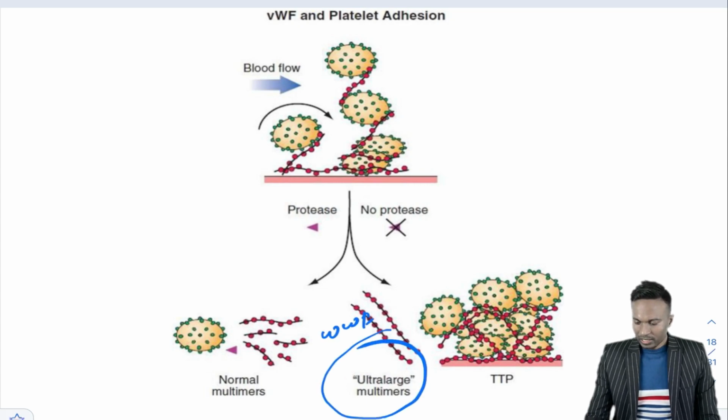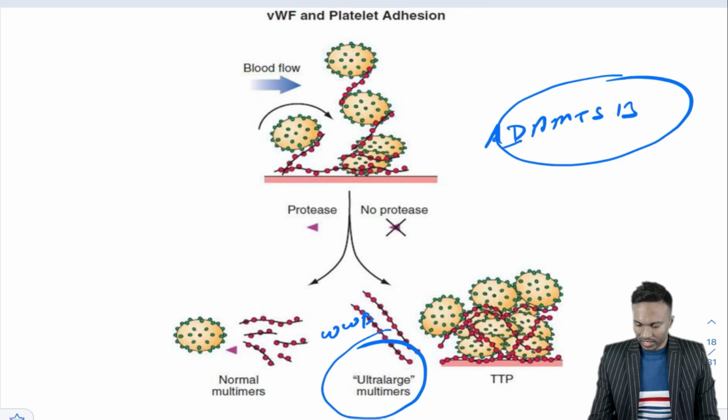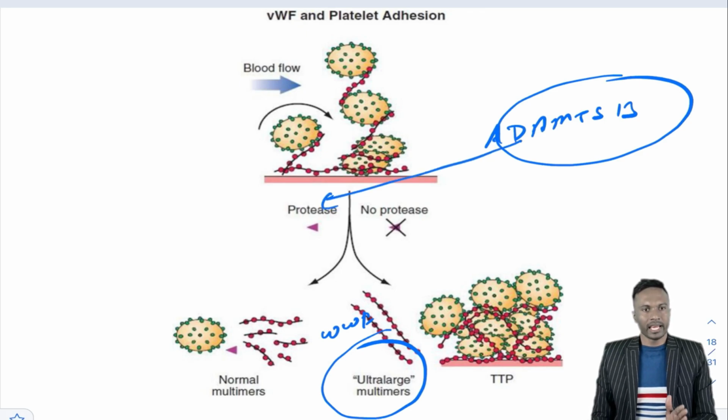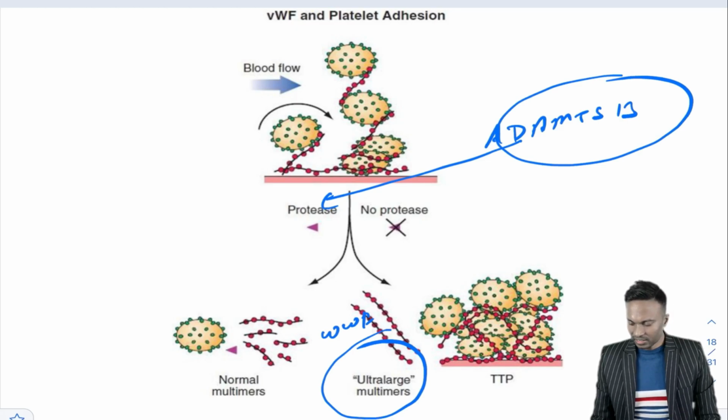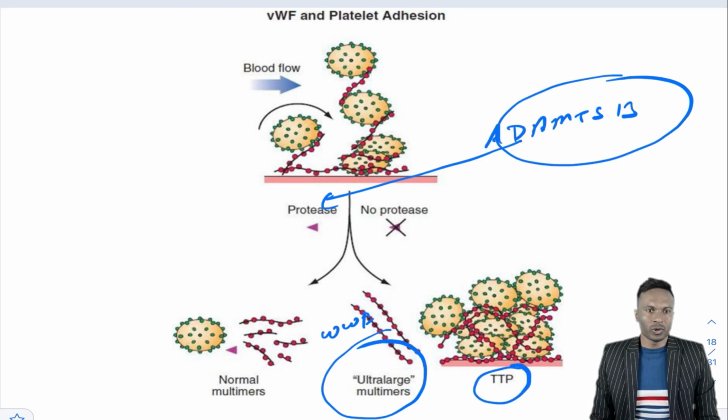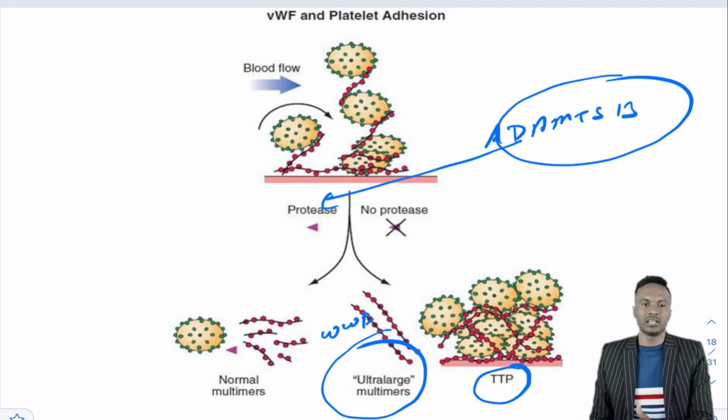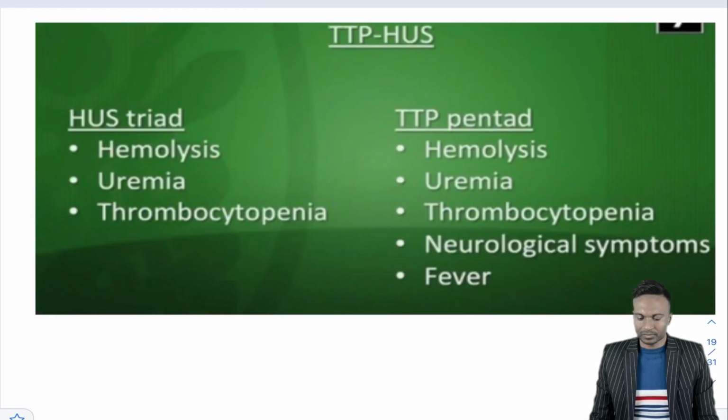So in absence of ADAMTS13, this protease is not getting formed and it will lead to increase in multimers of von Willebrand factor, that will result in thrombosis, and that thrombotic event will lead to thrombocytopenia.